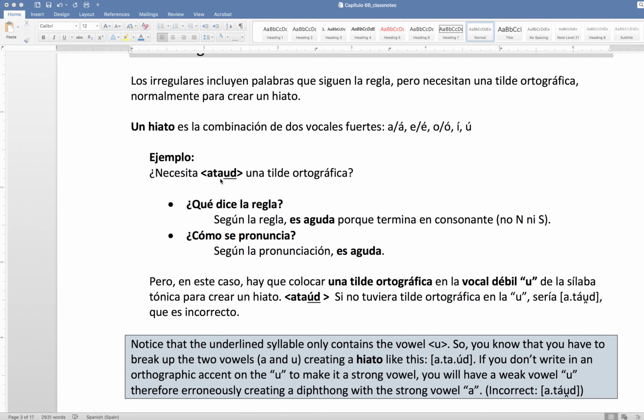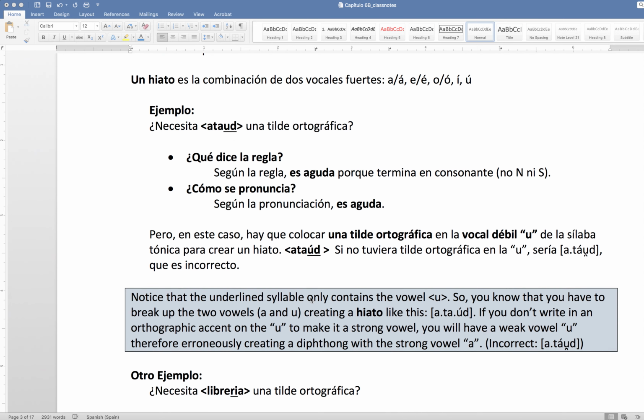But in this case, whenever you see that these two match and you have a strong vowel next to something that can be considered a weak vowel, so that's either a U or an I, then you should really look at that underlining and say, yes, I need to put an accent on that U to make it a strong U. So my orthographic word is going to carry that accent.